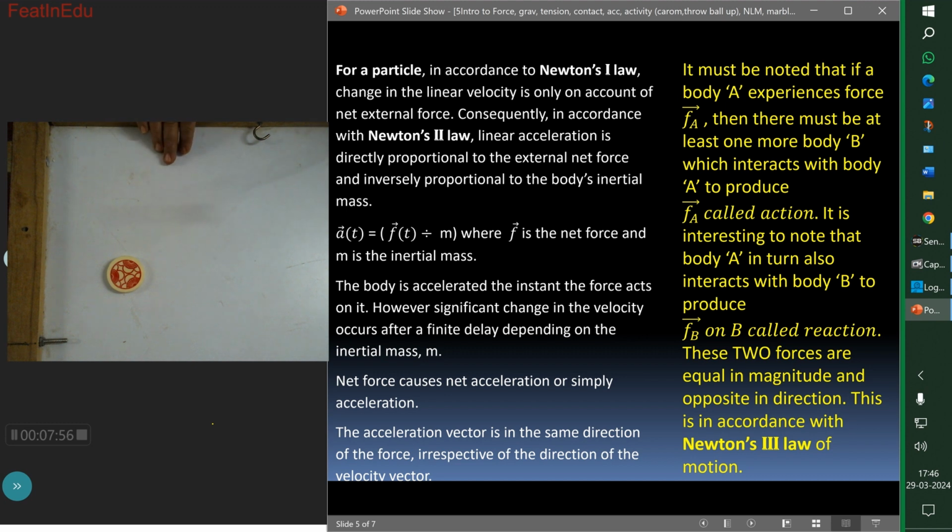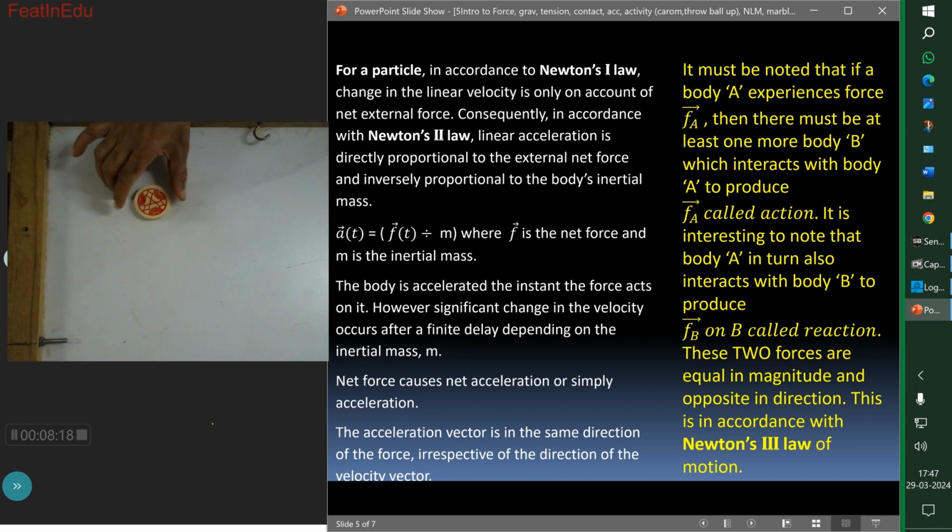Okay? Now, for a particle in accordance with Newton's first law, the change in the linear velocity is only on account of net external force. Consequently, in accordance with Newton's second law, linear acceleration is directly proportional to the external net force and inversely proportional to the body's inertial mass.